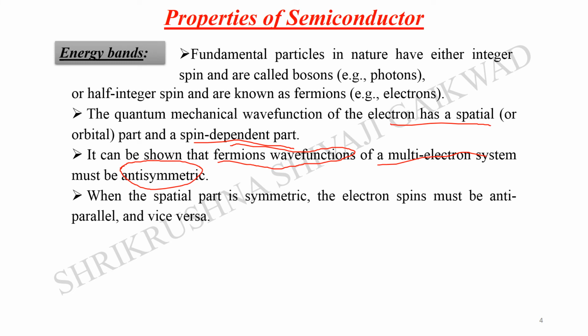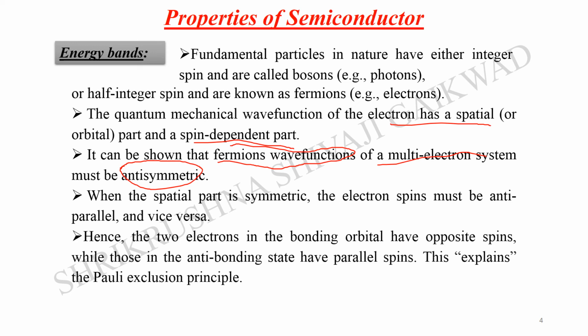So when the spatial part is symmetric, the electron spin wave function must be antisymmetric, and vice versa. If the spatial part is antisymmetric, the electron spin function must be symmetric, to get the total wave function antisymmetric.